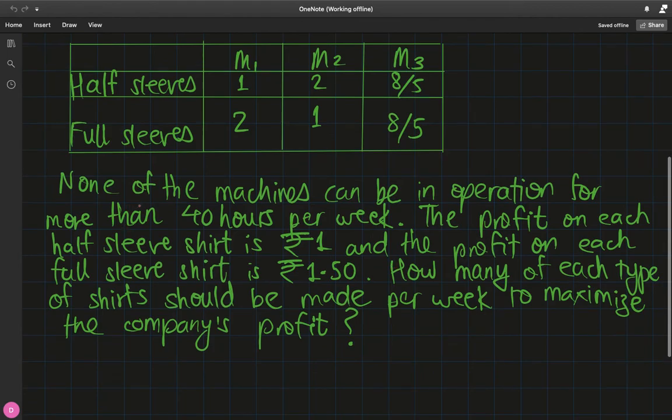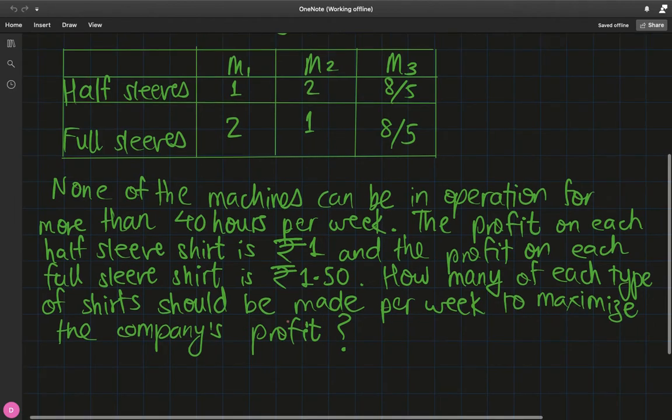Now, they've given us conditions. None of the machines can be in operation for more than 40 hours per week. The profit on each half sleeve shirt is rupees 1, and the profit on each full sleeve shirt is rupees 1.5. How many of each type of shirt should be made per week to maximize the company's profit?